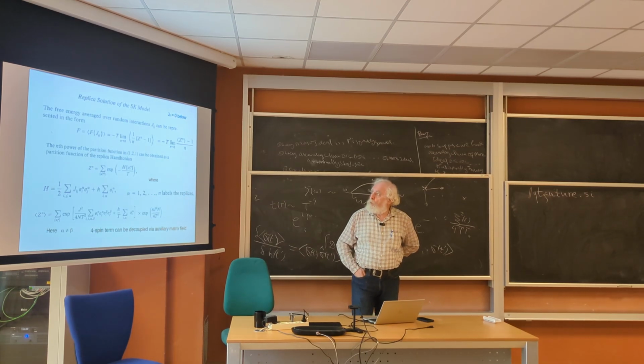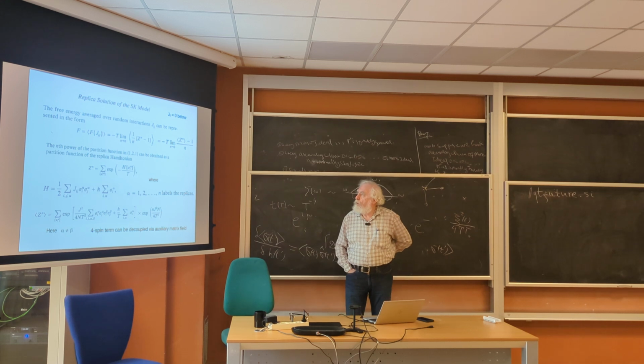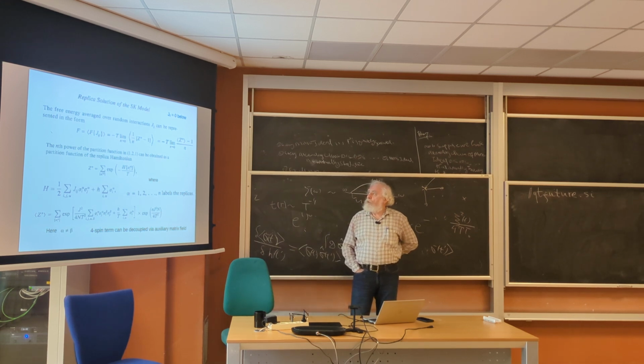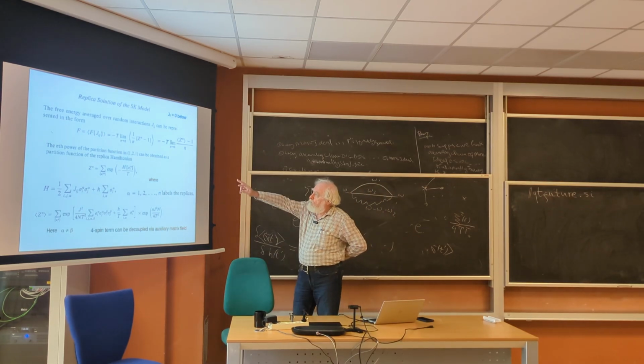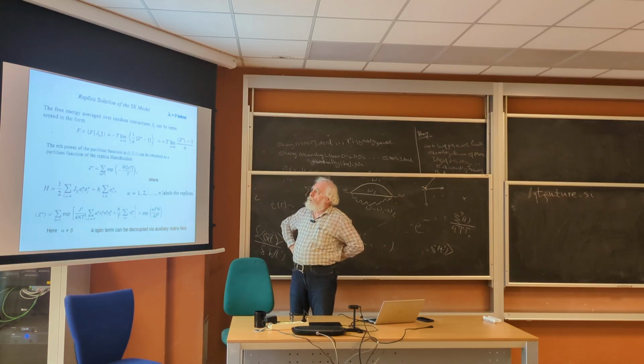So, first point. Let us try to average over disorder the logarithm of the partition function. The way to do it is to write down formally the logarithm as a limit of Z to the power n minus 1 divided by n, in the n to 0 limit.